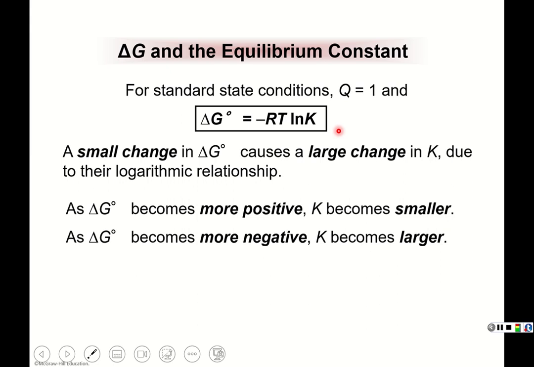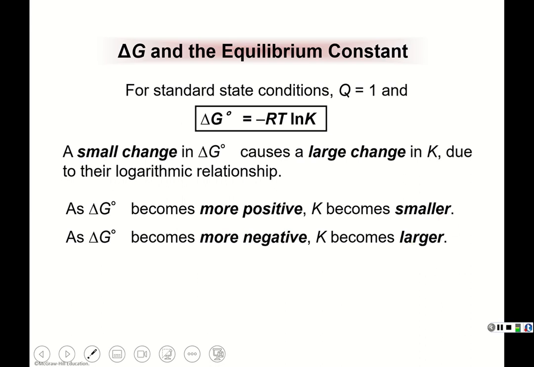A small change in delta G naught causes a large change in K due to the logarithmic relationship. As delta G naught becomes more positive, K is going to get smaller. Conversely, if delta G naught becomes more negative, K becomes larger.